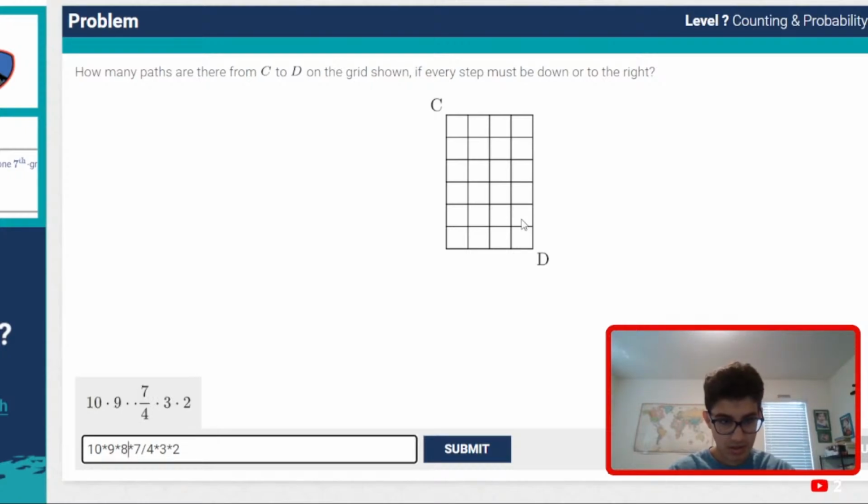I don't know why I put 6 over there. 4 and 2 will cancel out with the 8. The 3 will make the 9 a 3. So it's just 210.